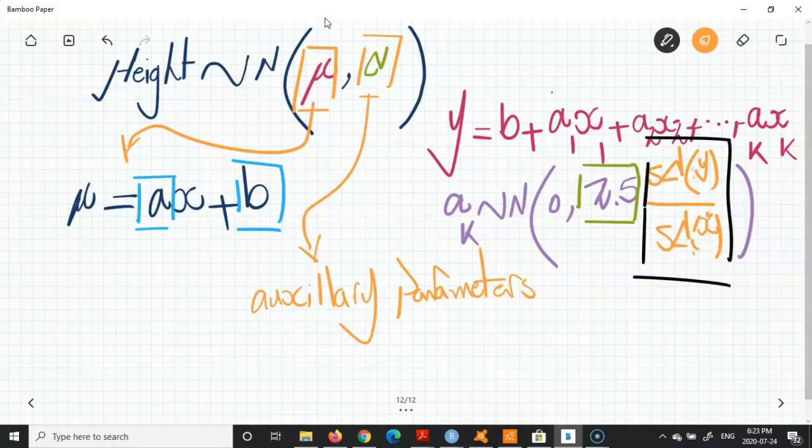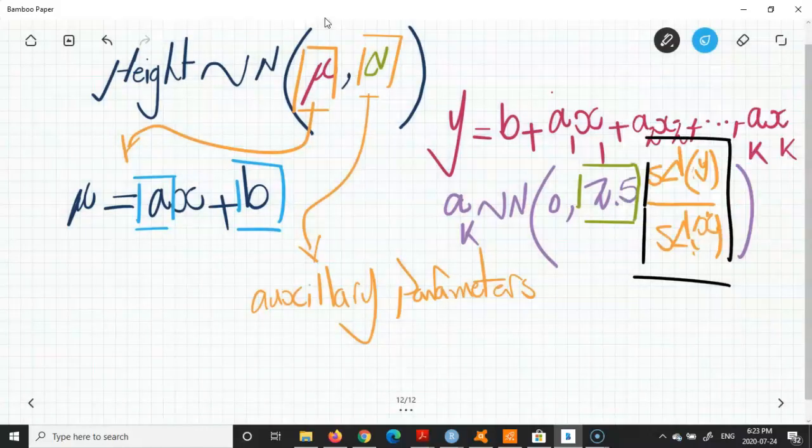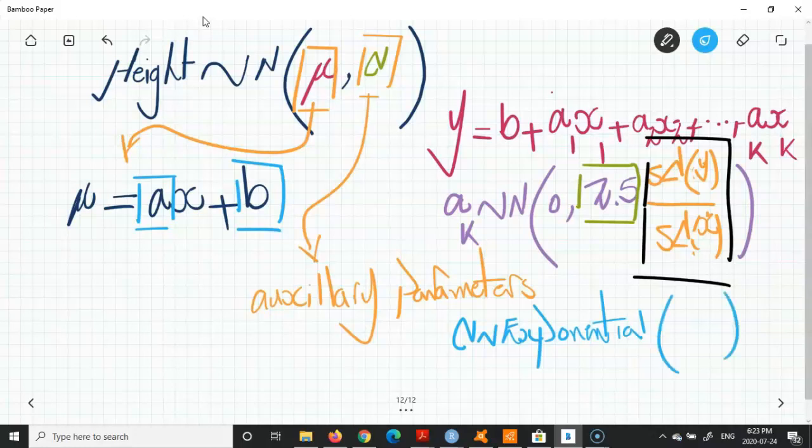As always, if I go back to the model that we have, the assumption is that sigma is defined as an exponential distribution with the parameter equal to 1.